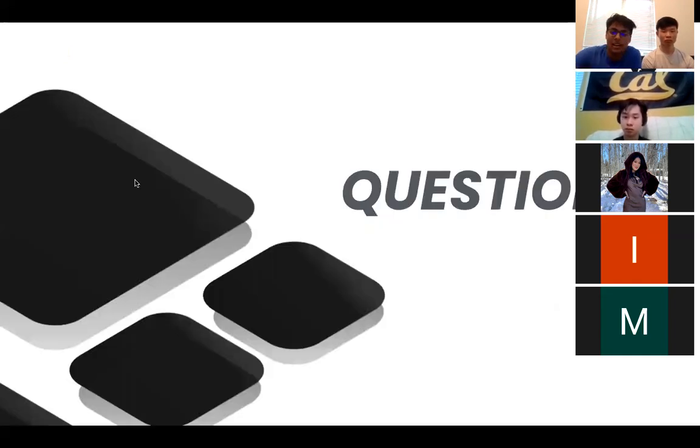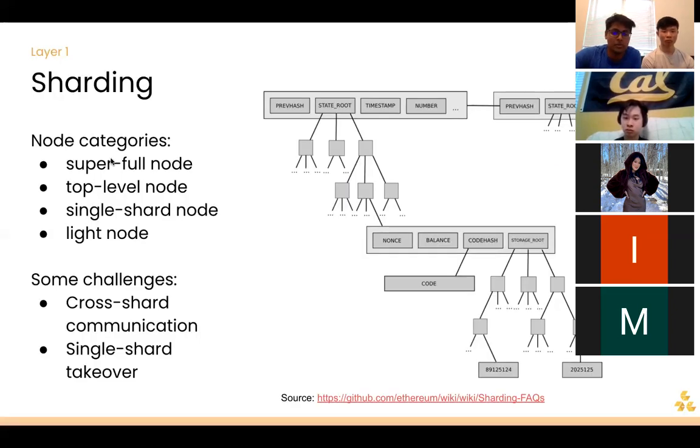So if we go back to our little triangle, I won't scroll all the way there, sharding is a great example of balancing things on this triangle. Oftentimes with sharding, you are increasing scalability significantly, but then when you go to something like decentralization, you get a little more worried because, okay, now you split the blockchain so small that there are now these smaller pieces that you might be able to take over and still have an impact on the blockchain that you wouldn't have had if it was just one big old blockchain.